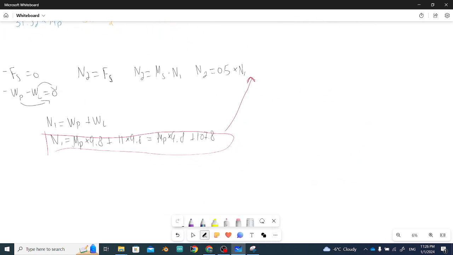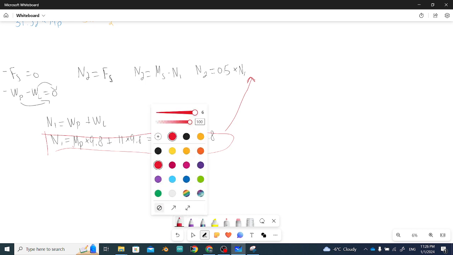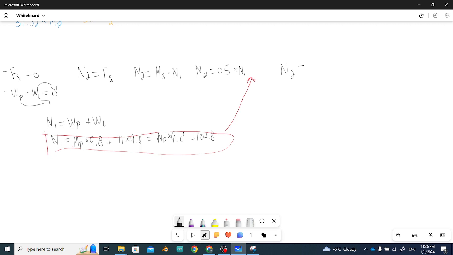Let's do that. So N2 is equal to MP times 9.8 plus 107.8, I'm going to put it as a fraction, but it will be easier for us over 2.